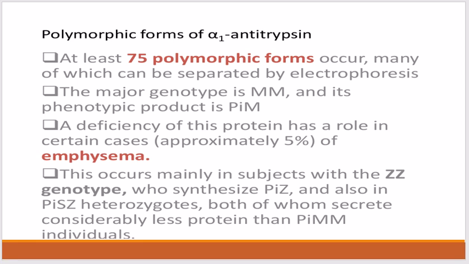The detection of alpha 1 antitrypsin is done by radial immunodiffusion, rocket electrophoresis, and nephelometric methods. The screening of phenotype is done by immunofixation methods.